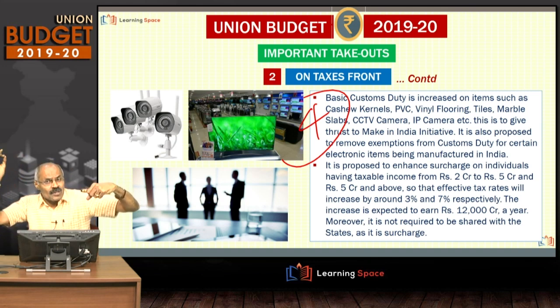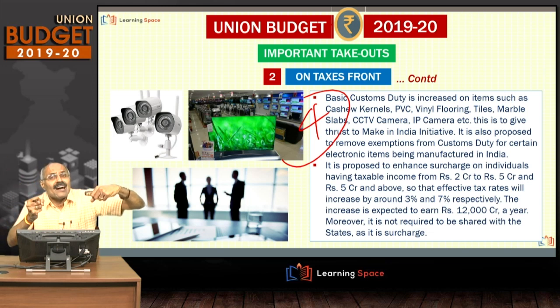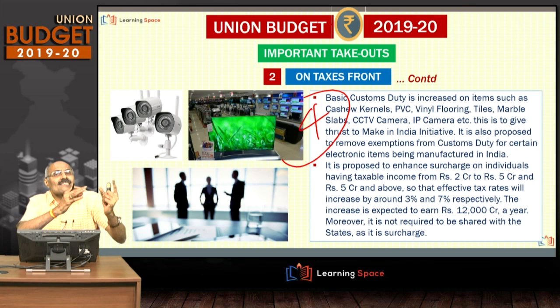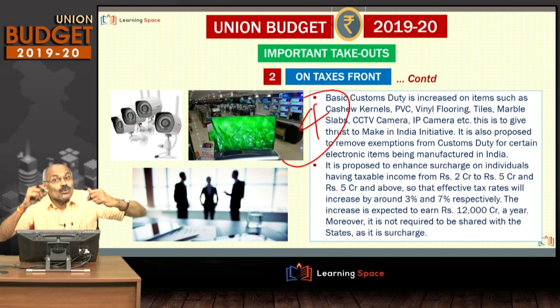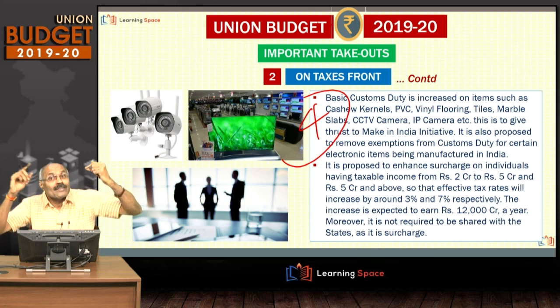Right friends, this is to give thrust to Make in India, or you can say it is almost akin to import substitution. There are in fact proponents and opponents for this move. Some people say it makes the country's manufacturing ecosystem uncompetitive, and that means the customers will lose the opportunity to get the products at competitive prices.